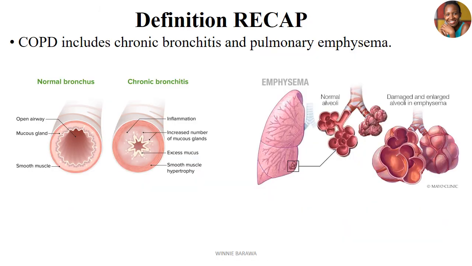So let's recap what we said in the last class in terms of what COPD is. COPD is a chronic illness of the lower respiratory tract, and it involves two illnesses, that is chronic bronchitis and pulmonary emphysema. Chronic bronchitis is chronic inflammation of the lower respiratory tracts, characterized by hypersecretion of mucus and blockage of the airways.